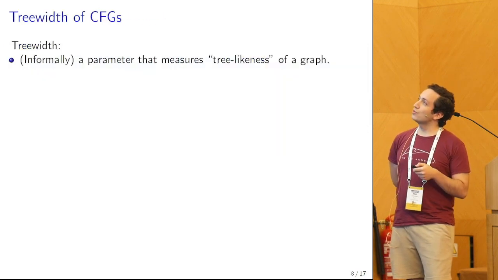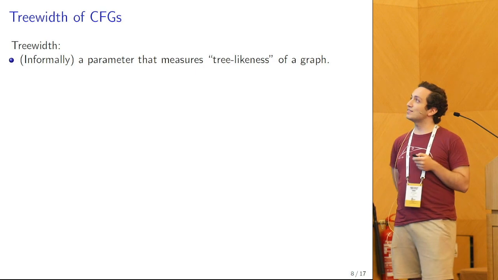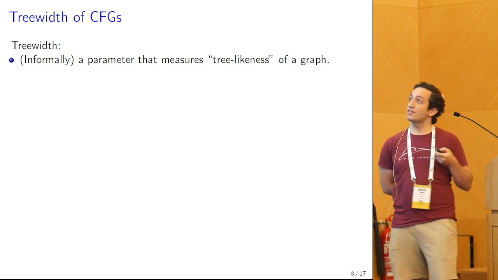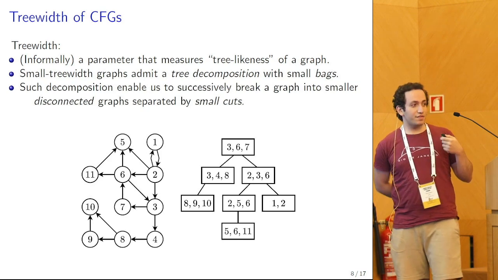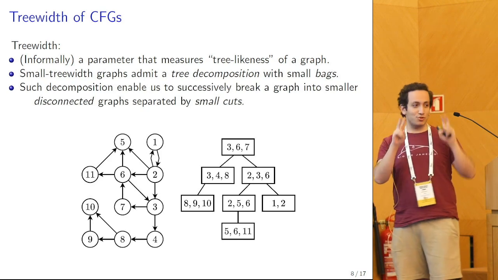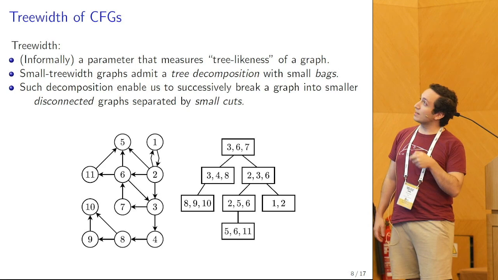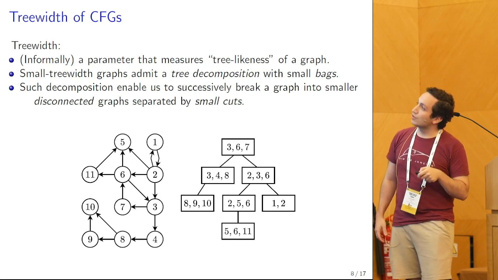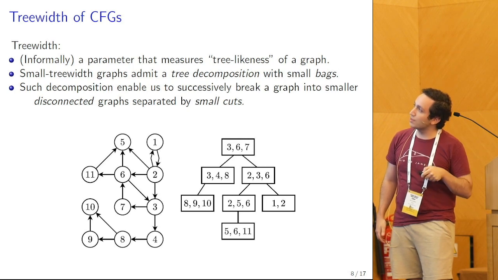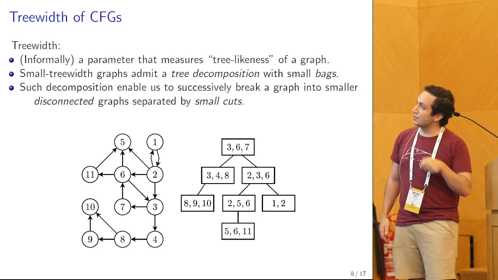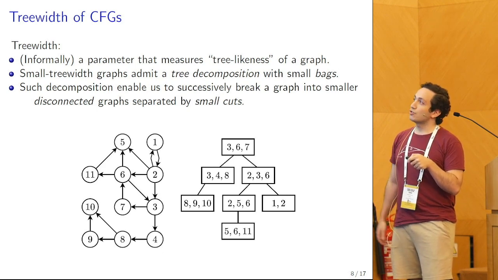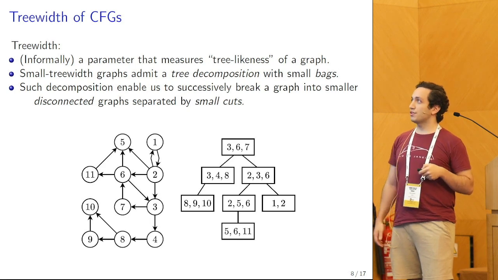Okay, so what is Treewidth? Treewidth is a parameter that measures for a graph how similar it is to a tree. If a graph has low treewidth, it is more tree-like, and therefore it admits a tree decomposition of small bags. What do I mean by that? This is a graph on the left. On the right is a tree decomposition of that graph. It is simply a tree, where each node in that tree, we call it a bag, corresponds to a subset of nodes in the original graph.